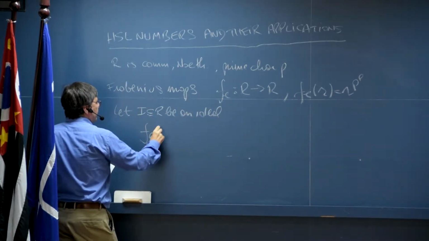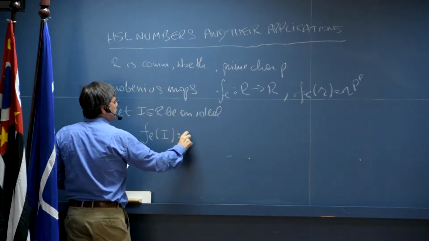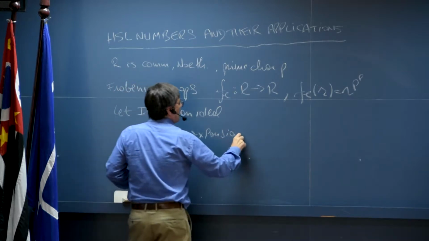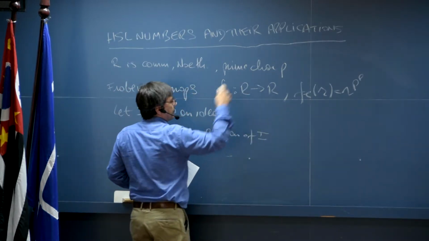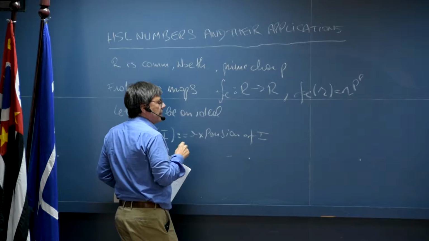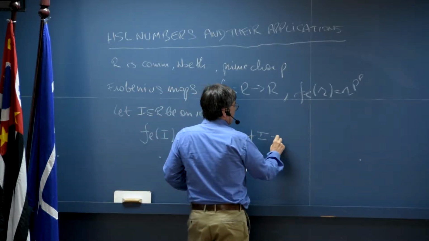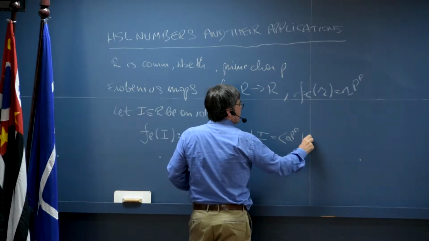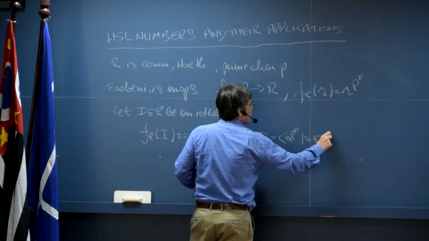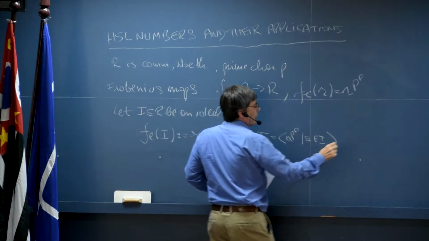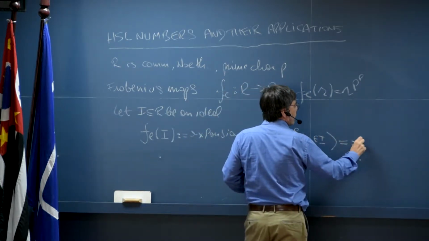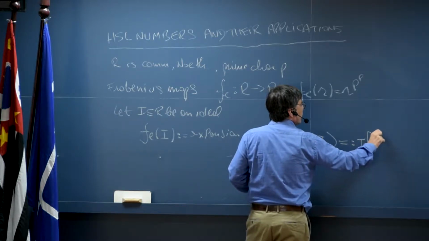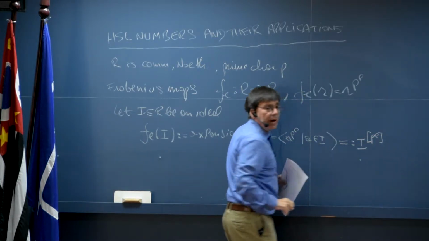Let's define F^e(I) to be the expansion of I under this homomorphism F^e, and this is the ideal generated by all P to the eth powers of elements in I. And I'm going to have another notation for this expansion. I'm going to call this I^[p^e], the P to the eth Frobenius power of this ideal.